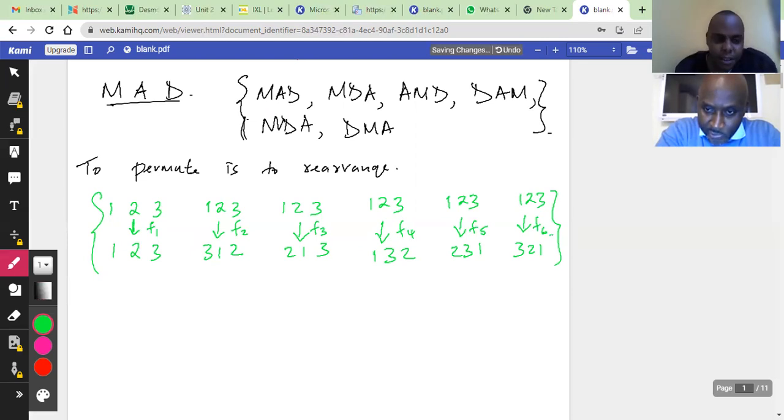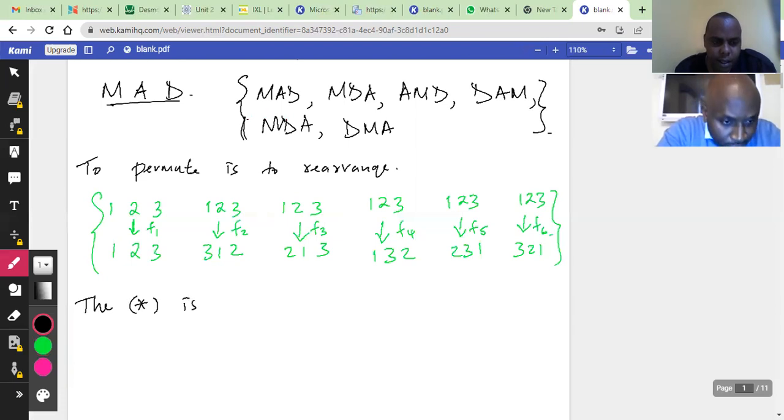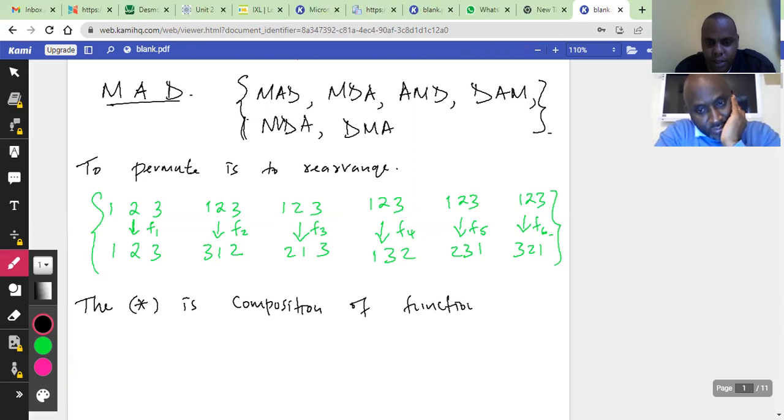The binary operation star is a composition of functions. We are saying this because the group S3 is going to be a group of functions. One element is F1, which happens to be the identity, and then we have F2, F3, F4, F5, F6.